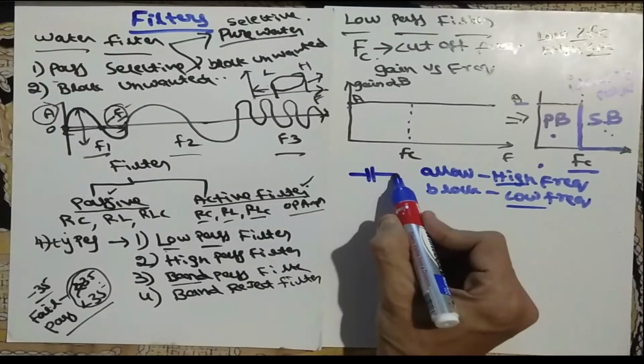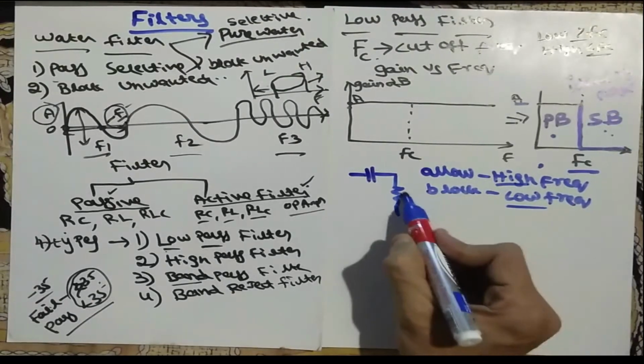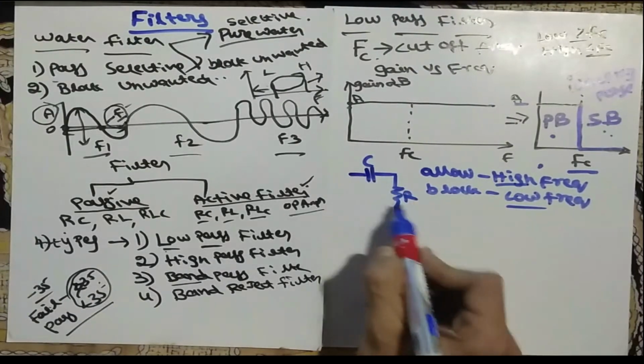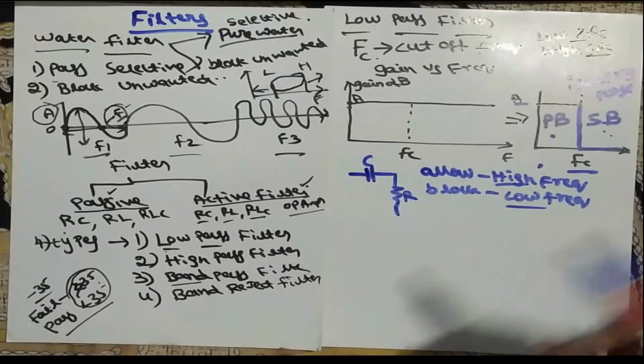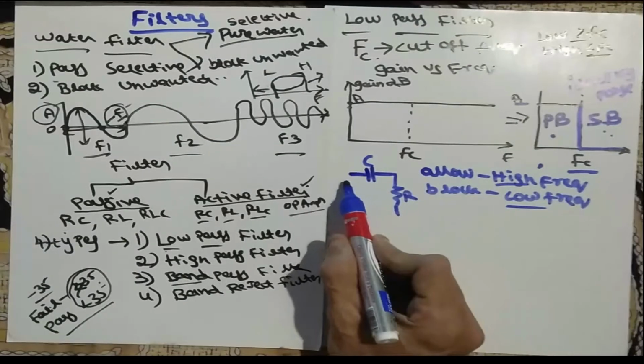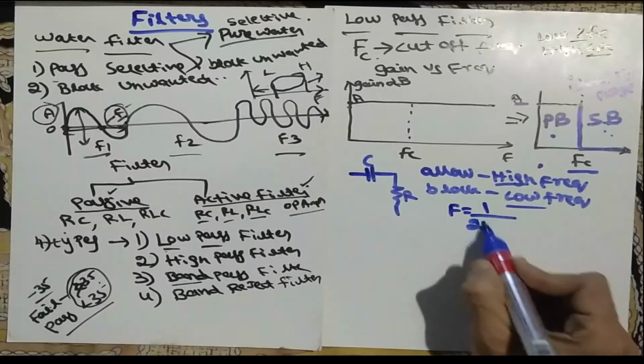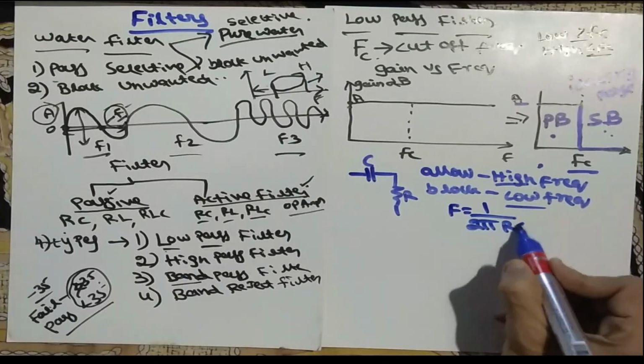A capacitor will always take one resistor with respect to charging and discharging. So depending upon these RC values, we can say which frequency it will allow or not. The frequency formula is very common: 1 divided by 2 pi RC.